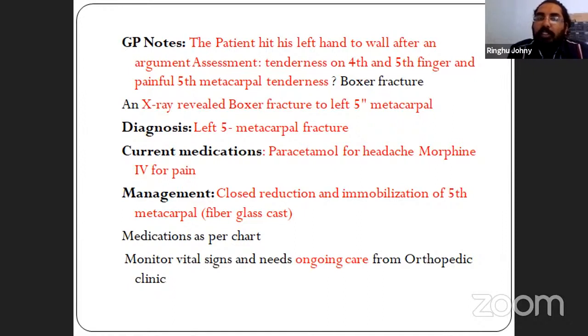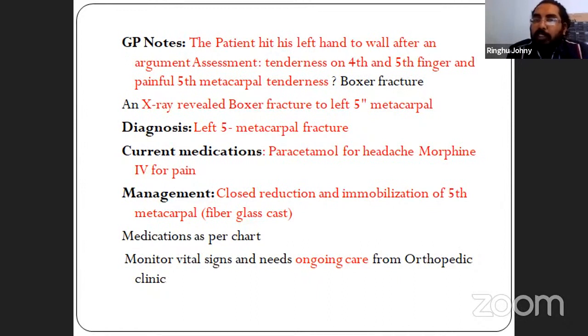After the diagnosis, you can write, therefore he underwent the procedure, because we already mentioned closed reduction in the introduction. So therefore he underwent the procedure and a fiberglass cast was applied for immobilization.